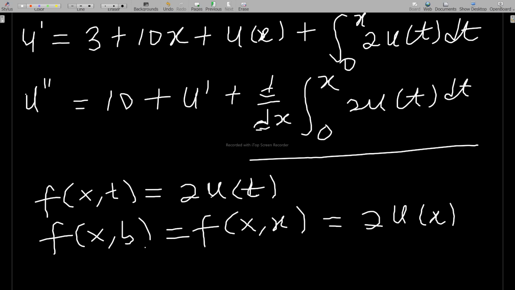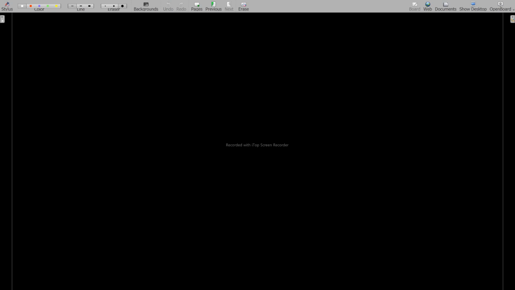Then we continue and find our f(x,a). Or let's do this first. We have db/dx, and that is just differentiating b, which is x, so d/dx of x gives us 1. So let's go to f(x,a).